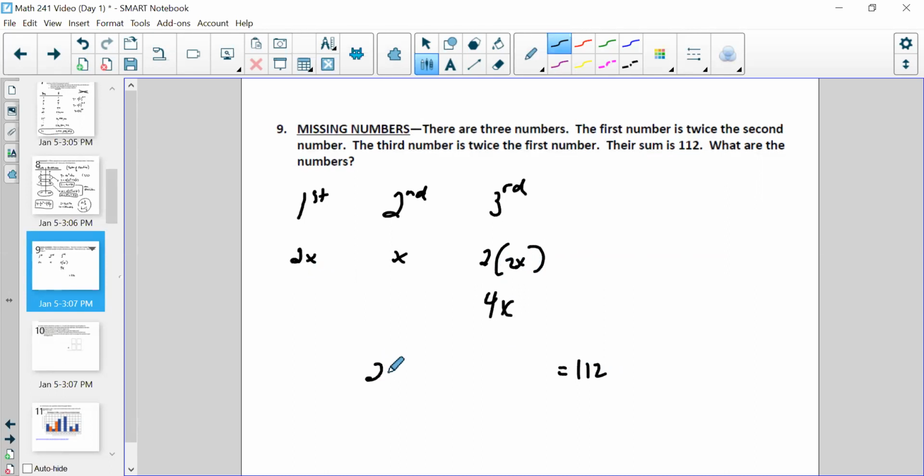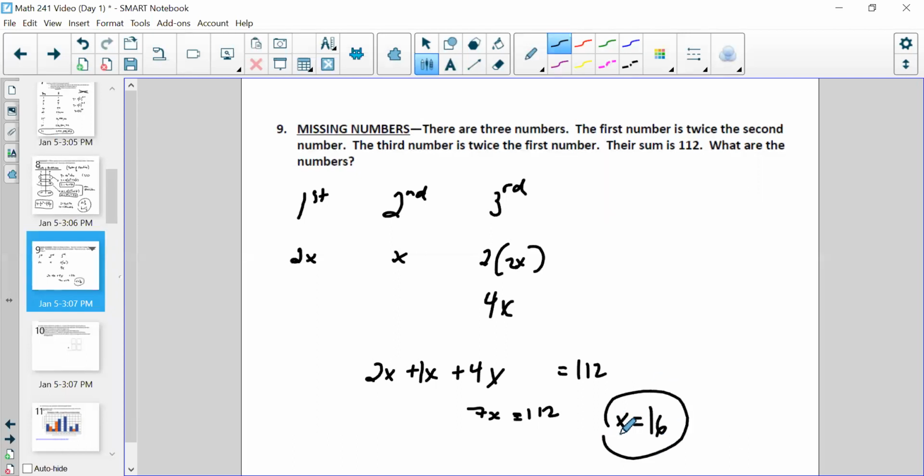So I've got 2x plus x plus 4x is all equal to 112. So that's really 1x. So 2 plus 1 is 3 plus 4. I get 7x is equal to 112. And when I solve that, I'm going to get x to be 16.